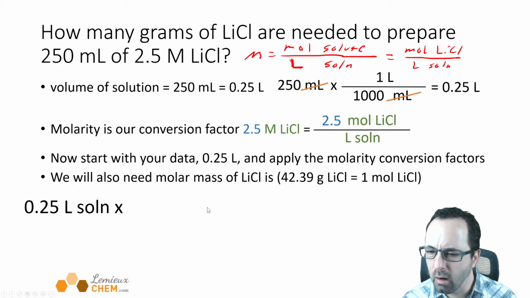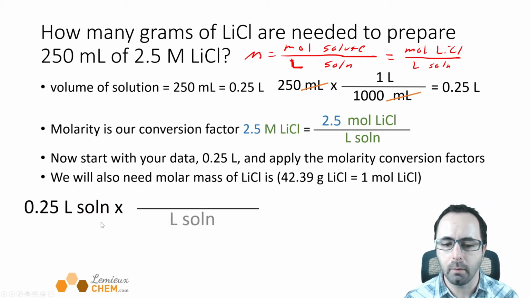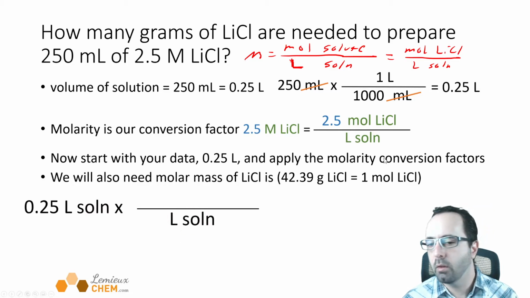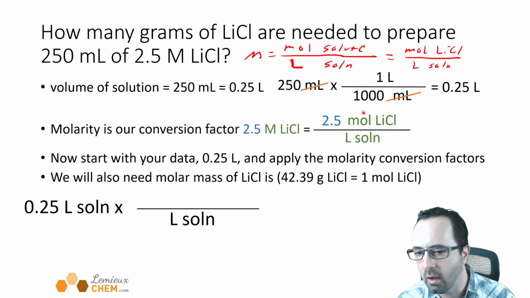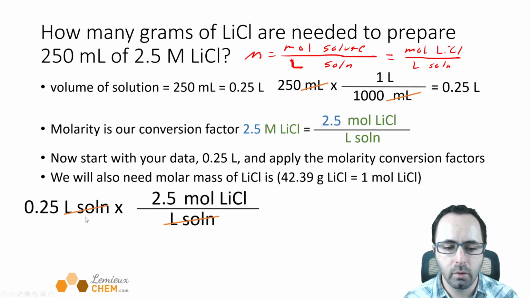Now we gotta look at our conversion factors and say which one has liters of solution in it. Molar mass doesn't, it's this one, right? Because what has to go down here? Same unit as here, okay? And so we look at this conversion factor, liters of solution is in the bottom, good. We can write 1 here if we want, we don't have to. So the other side is going to be this top part, 2.5 moles of lithium chloride. So our liters of solution will cancel.